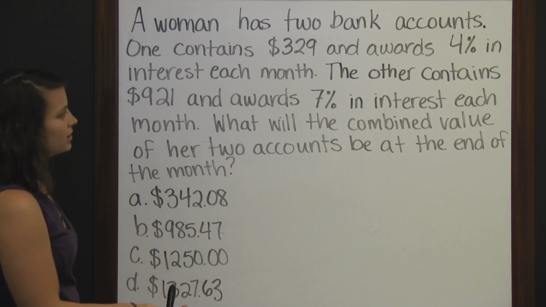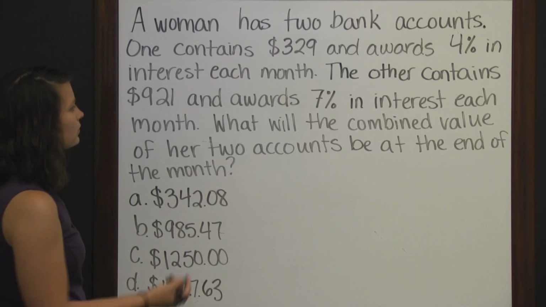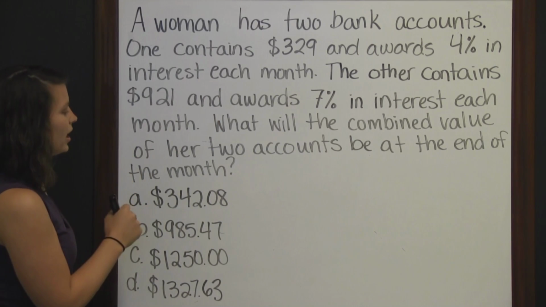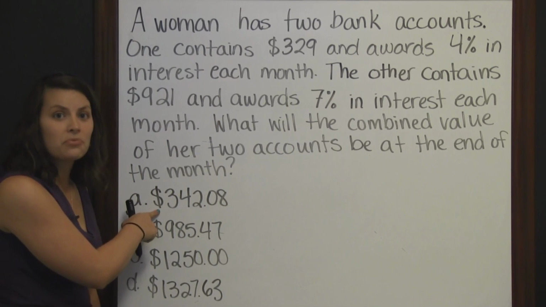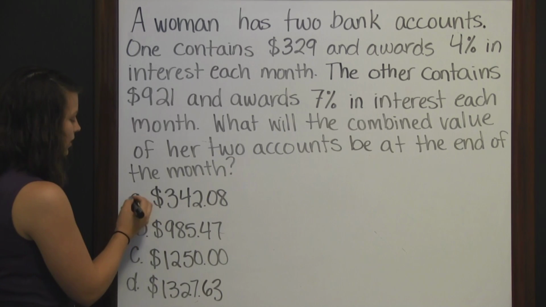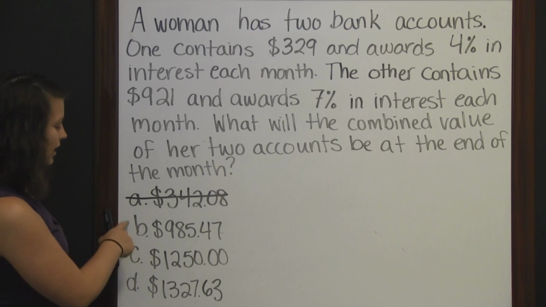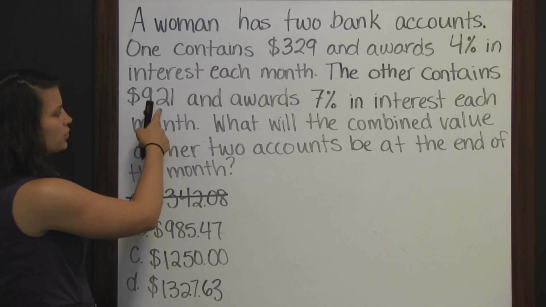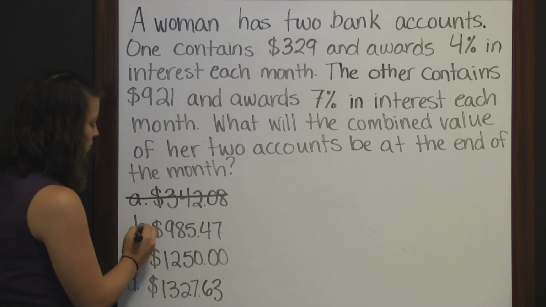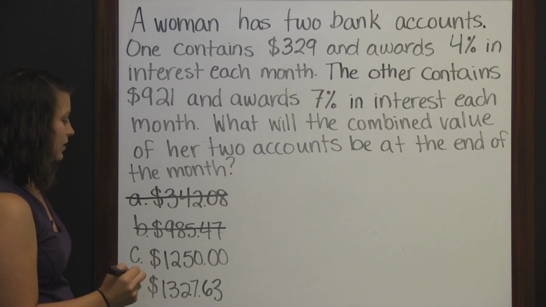So looking at these answer choices, we can already eliminate a couple. If you add together 921 and 329, you're definitely going to get more than $342.08. So we already know we can eliminate this answer. It's the same with B as well. $921 plus $329 is going to be more than $985.47.